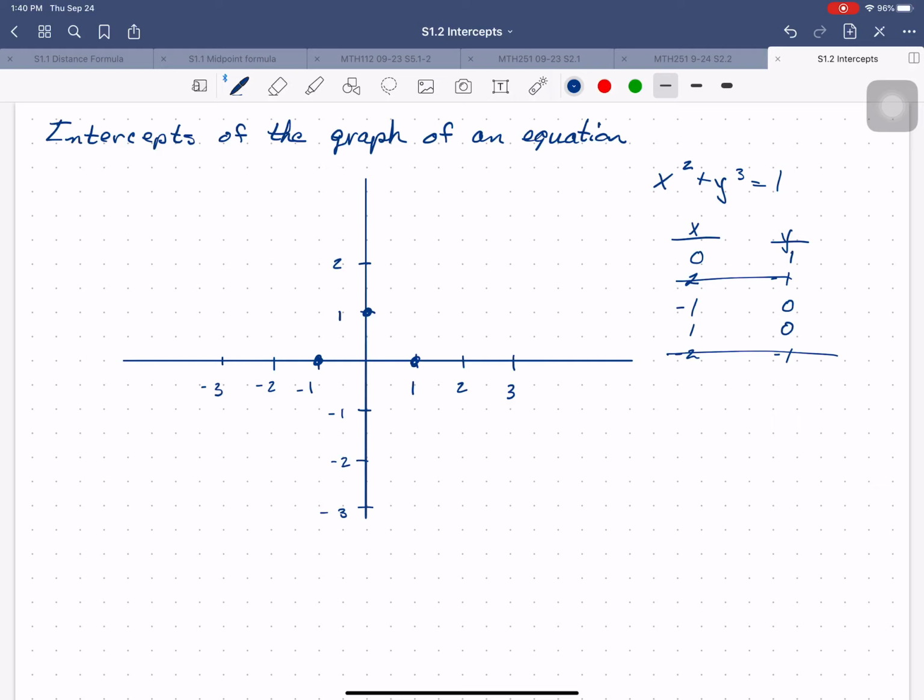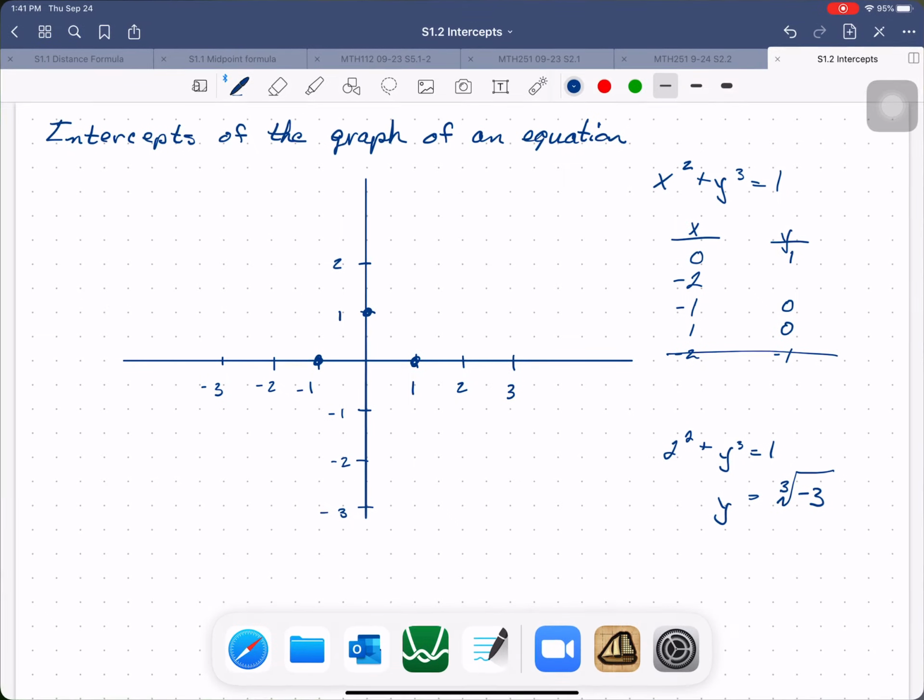All right, so there's no more pretty points. We could figure this out. So let's take a look at this point that I crossed out here. If x is 2, what that means is that 2 squared plus y to the third is equal to 1, which means that y is equal to the cube root of negative 3, which is not a nice nifty number. It's a decimal.